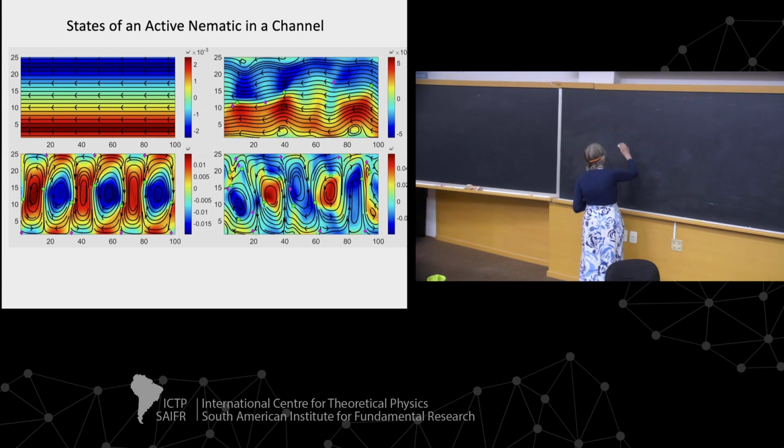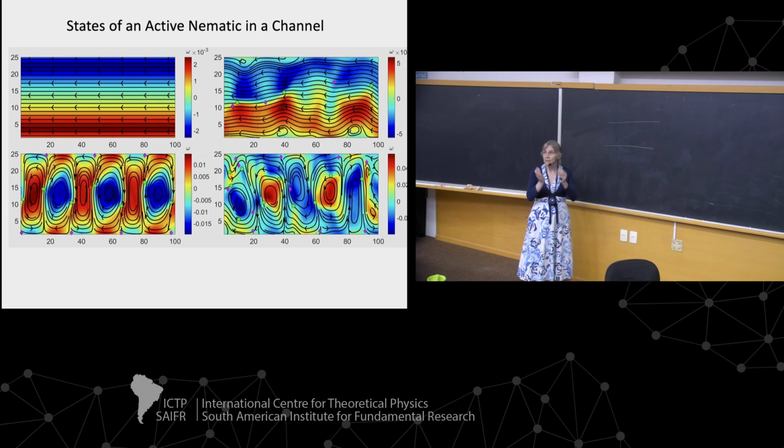So what happens if I take my active nematic and I put it in a channel so it's confined? And the answer is that you get a series of phases. First of all, you get no flow at all.